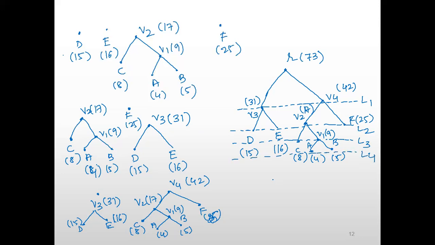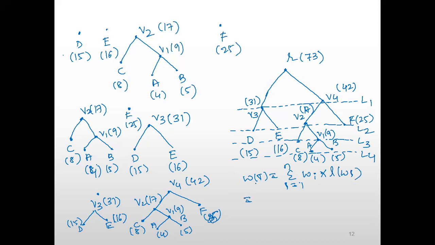level 4. Now we know the formula to calculate the weight of the tree is given by W of t is equal to summation i is equal to 1 to n, weights multiplied with level of the weight.